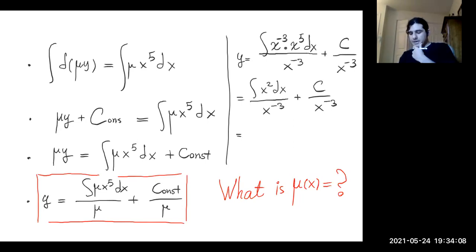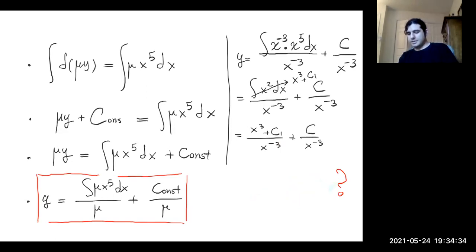Well, the integral of x squared would be x cubed plus another constant, say c1, right? So we would get x cubed plus c1 over x to the -3 plus c over x to the -3. Well, maybe I would erase this.